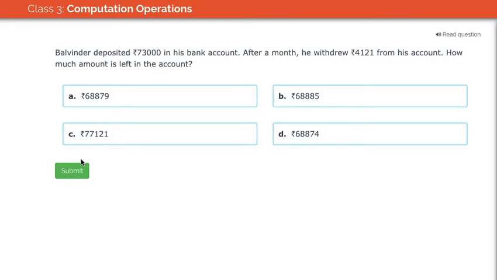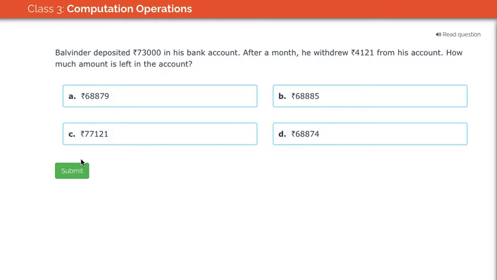So 9 minus 2 is 7. 9 minus 4 is 5. 3 will become 2. 9 minus 1 is 8. And 3 will become 2. It can't subtract with 4.